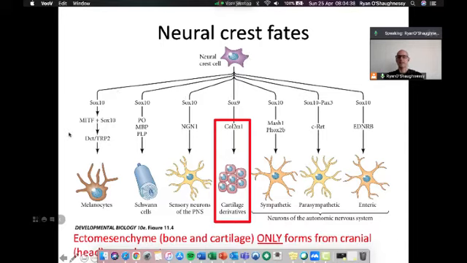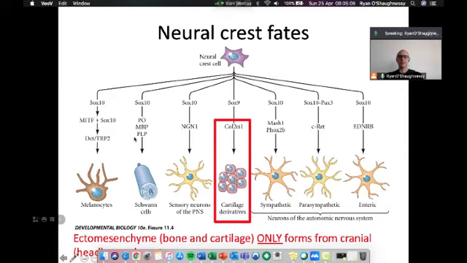And then different factors after the expression of these key transcription factors will differentiate the neural crest cell, causing it to undergo one of several fates. If they express the melanocyte-specific genes MITF, DCT and TRP2, which are actually pigment-forming proteins, then these cells will become melanocytes.